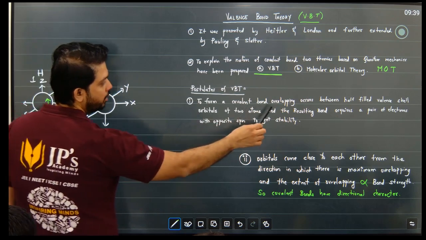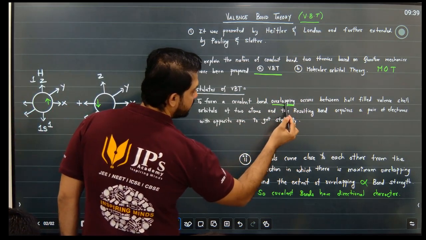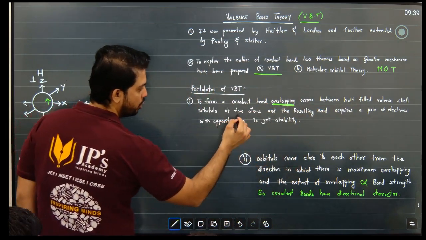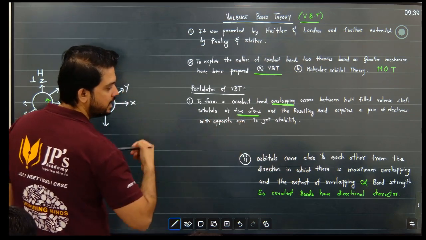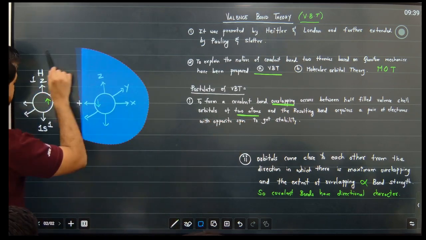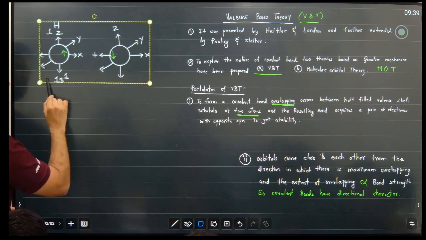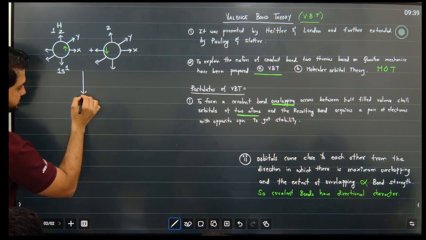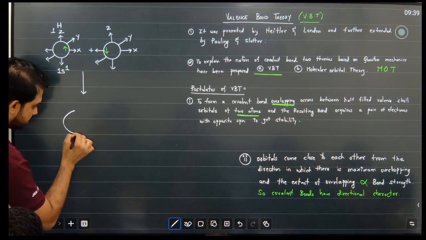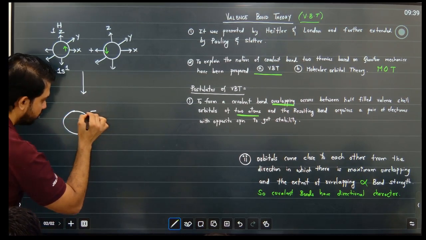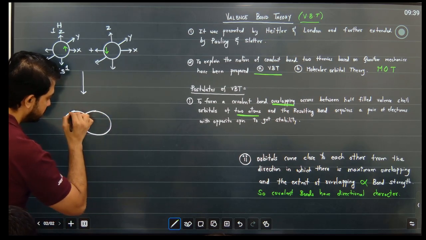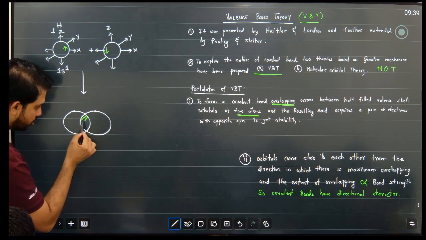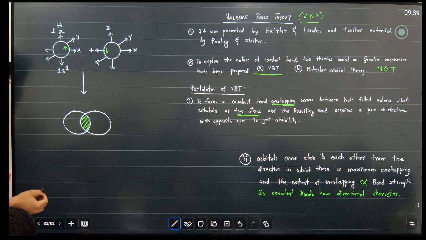To form a covalent bond, overlapping occurs between half-filled valence shell orbitals of two atoms and resulting bond formation takes place. So I repeat, what's happening here is these two orbitals are coming close to each other and they will overlap, and this you can say is the resulting overlap and bond formation.